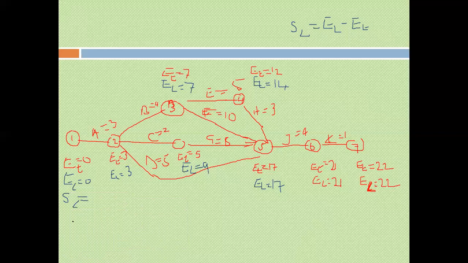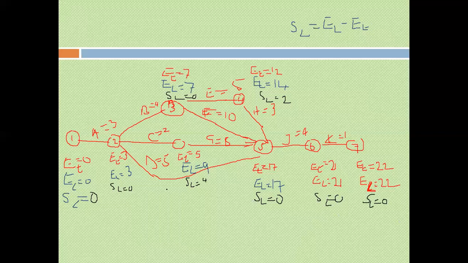My SL here will be 0. My SL here, the difference will be 0. My SL here will be 4. My SL here will be 0. My SL here will be 0. Sorry, will be 2. My SL here will be 0. My SL here will be 0. And SL will be 0.